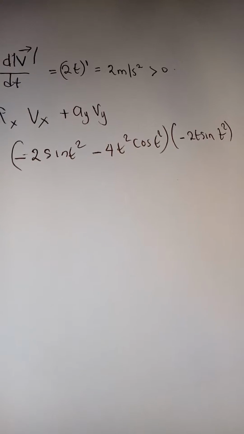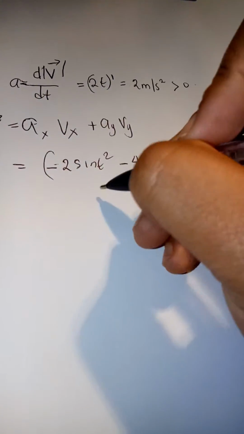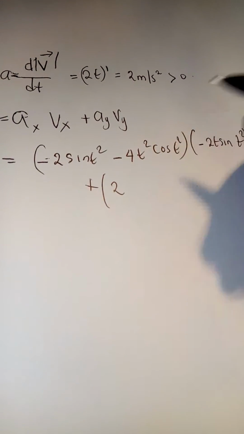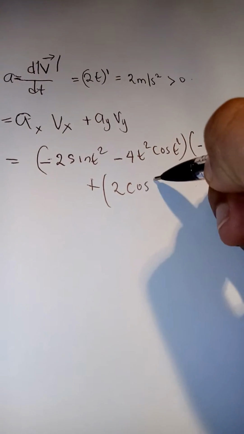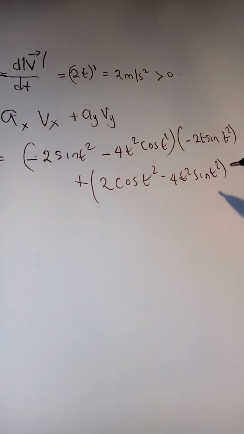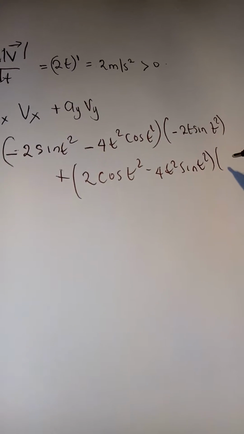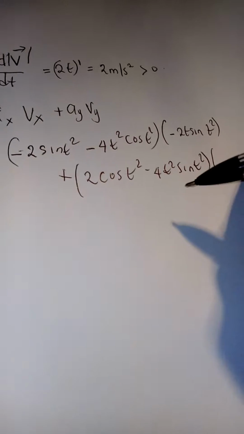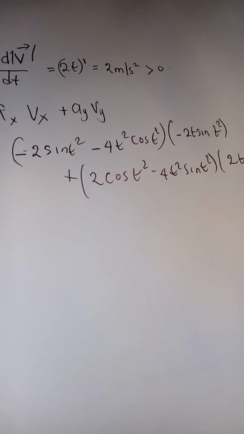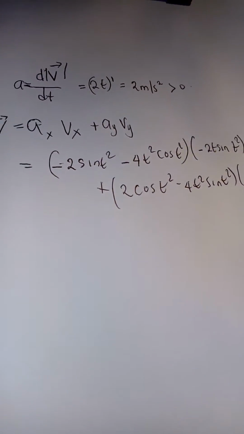Okay, and then we're adding it to ay, and our ay, in the previous video also we got 2 cosinus t square minus 4t square sinus t square, and we are going to multiply it by vy, which is 2t cosinus t square.